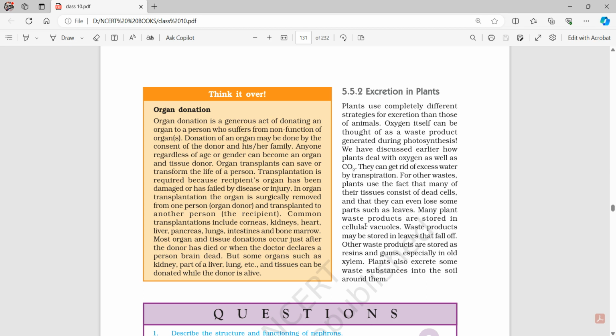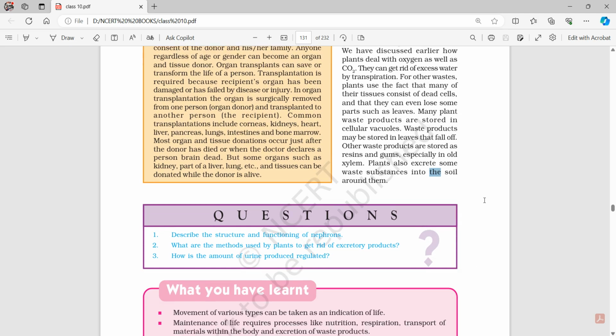Many plant waste products are stored in cellular vacuoles. These waste products may be stored in leaves that fall off. Other waste products are stored as resins and gums, especially in old xylem. Plants also excrete some waste substances into the soil around them.